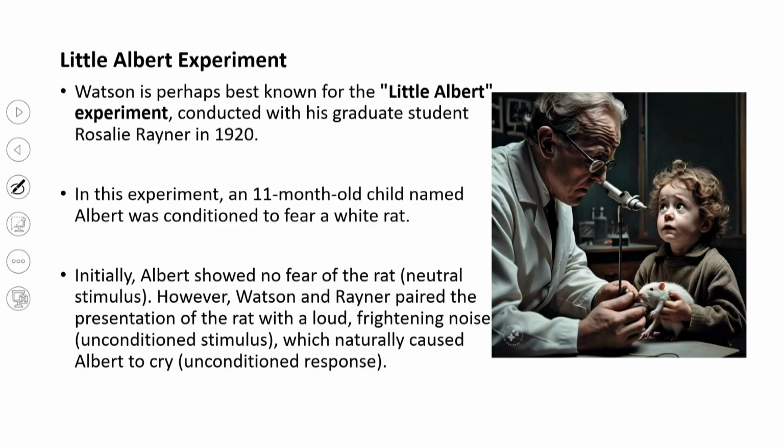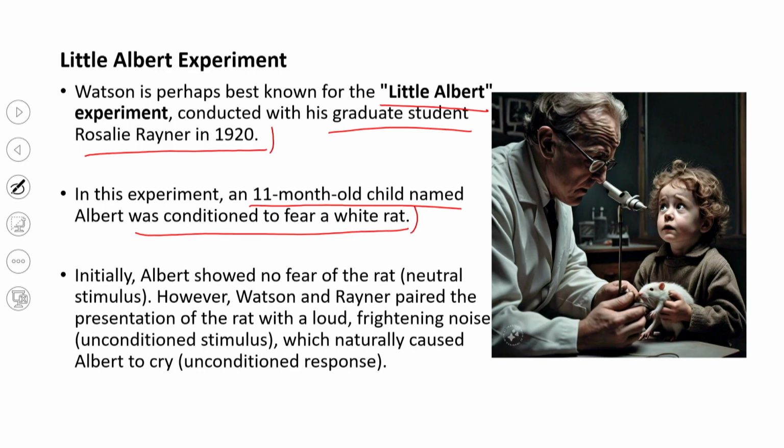That is called the Little Albert experiment. Watson is known for this experiment. It is a similar classical conditioning experiment, but not with dogs; it is with a human child named Albert. He did this research with his graduate student Rosalie Rayner in 1920. In this experiment, an 11-month-old child named Albert was conditioned to fear a white rat.